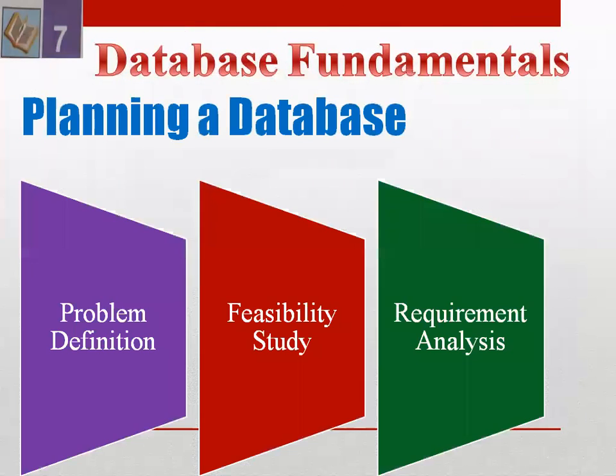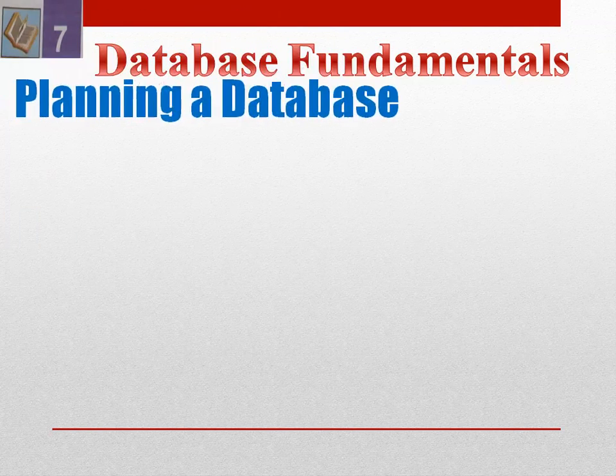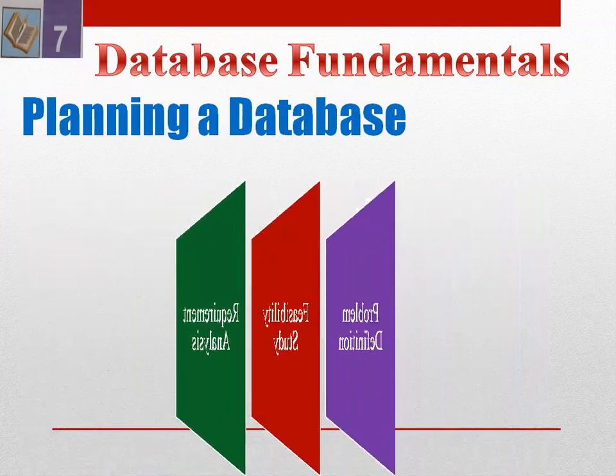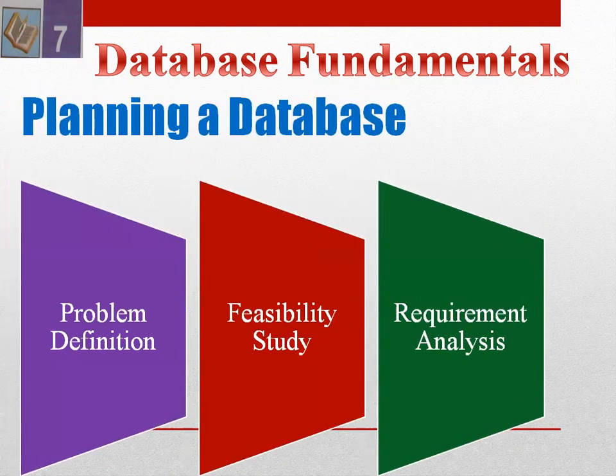Dear students, in the previous lecture, we had started planning a database. Planning a database is a systematic approach to the development of a database that moves from concept to design and development to implementation. In planning a database, we have some stages, so there are some steps.